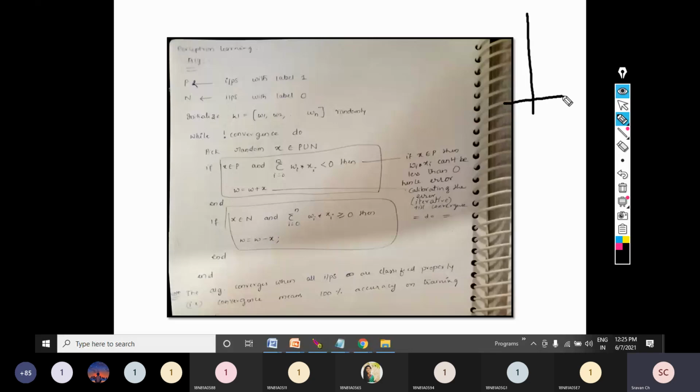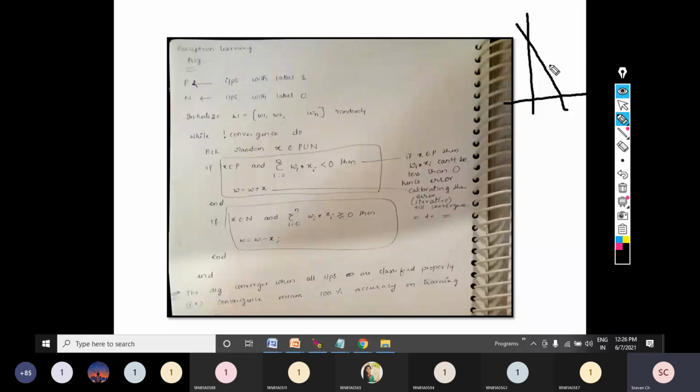Linearly separable means something like this. So this is my x-axis and y-axis. Suppose I draw a line here. All the negative examples fall below the line, and positive examples above the line, or vice versa.